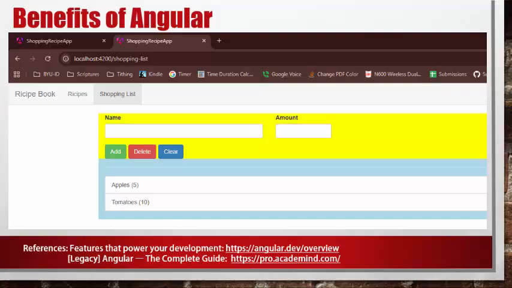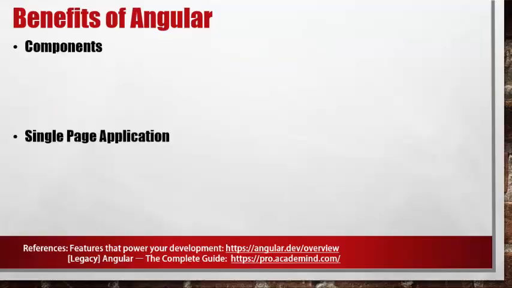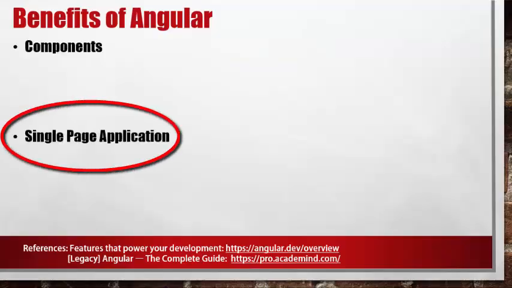Components can be as small or as large as I want. And so components are a huge benefit because you can design them however you would like, which works really great if you want to keep different components separate and be able to just work on the code for that specific component. Now let me tell you about Angular as a single page application and why that would be beneficial.